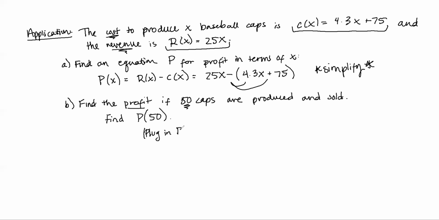So you're going to plug in 50 for X in P of X. Sorry, let me write that a little bit better. For X in P of X, from part A.